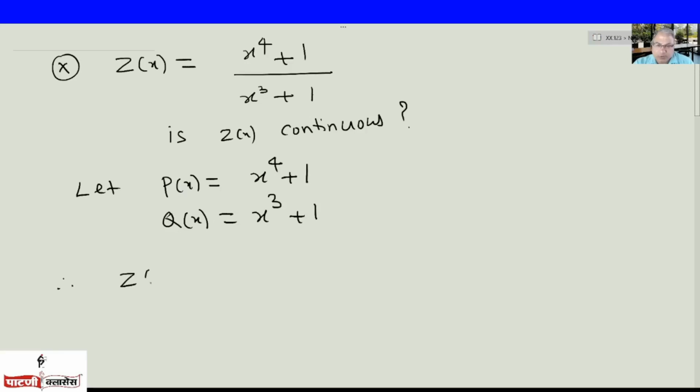Therefore, z of x equals p of x upon q of x. P of x is a polynomial and q of x is also a polynomial.